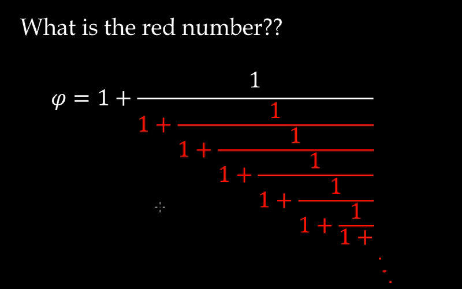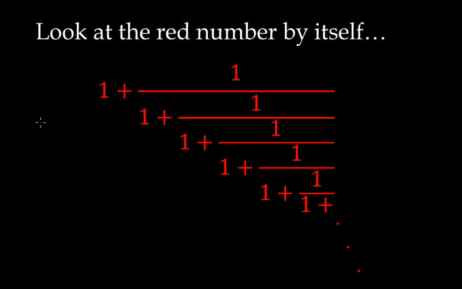But can you look at that red number all by itself and see what it is? Let me just show you the red number by itself. Here's that red number by itself. Phi was 1 plus 1 over that red number. And notice that that red number keeps going forever. So what is that red number?